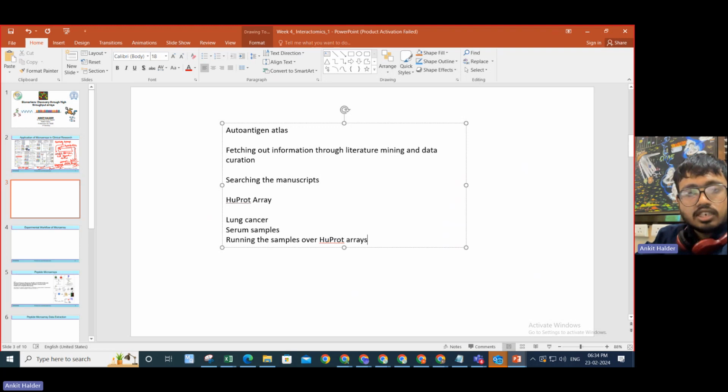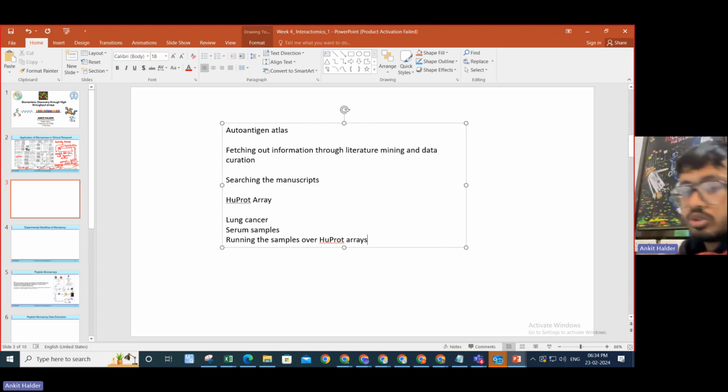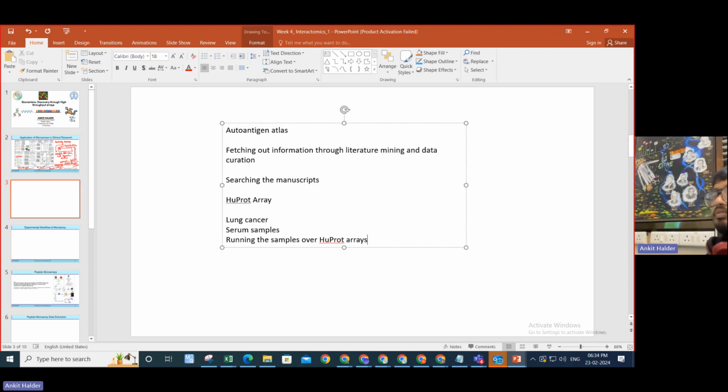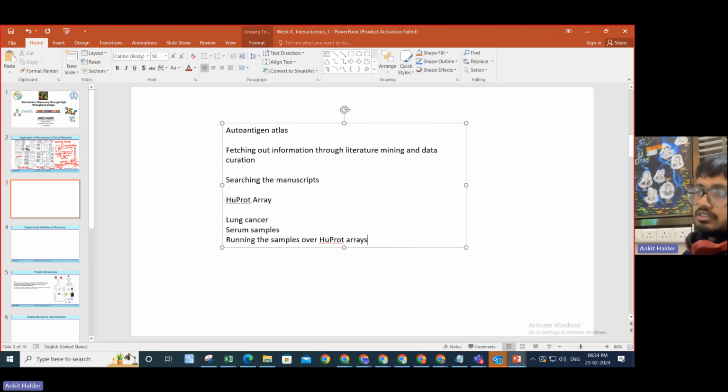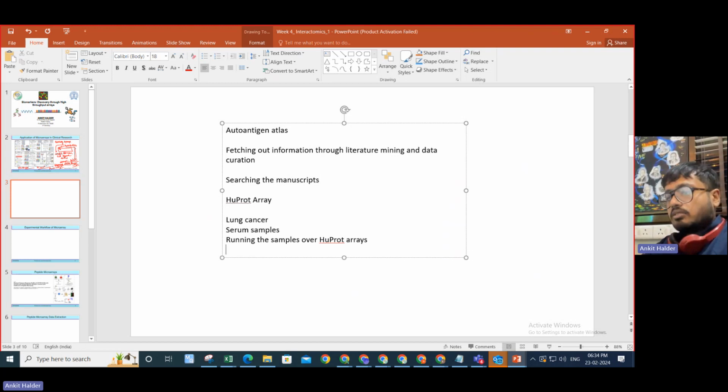So once you are done with your samples and have run them through UProt arrays, then you are screening the autoantibodies, and publishing in the manuscript, right?